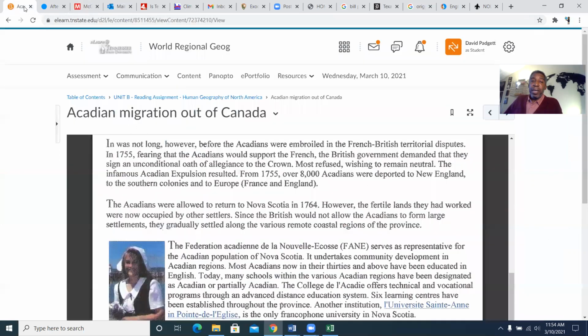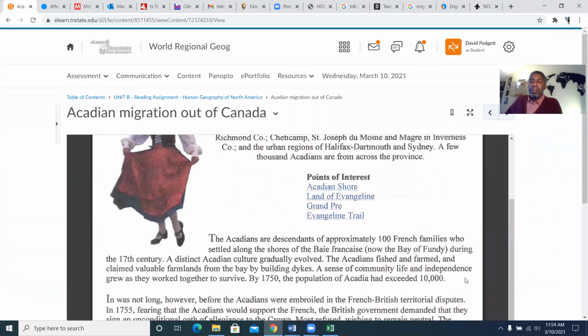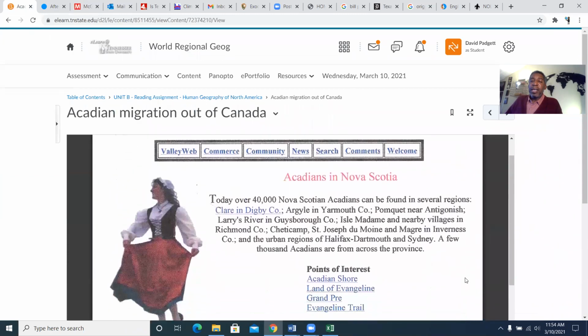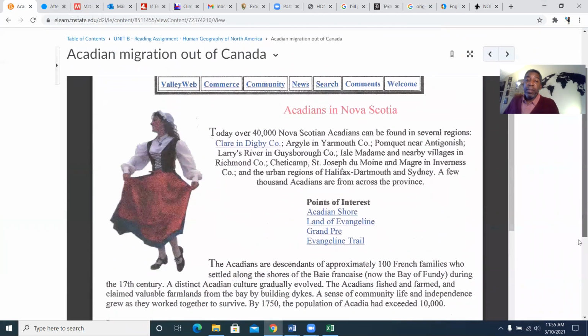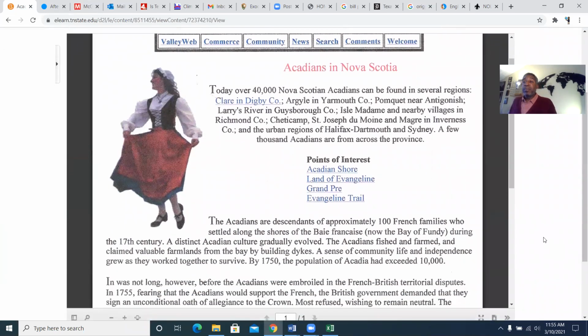And so you might be asking, well, where do we get Cajun from? Well, Cajun is a mispronunciation, if you will, of Acadian. So maybe at first, if you ask these people, well, what are you? They say, well, I'm Acadian. Over time, Acadian became Cajun.